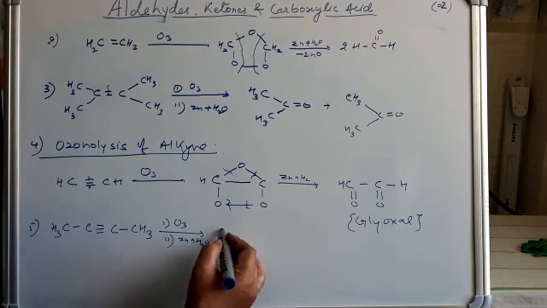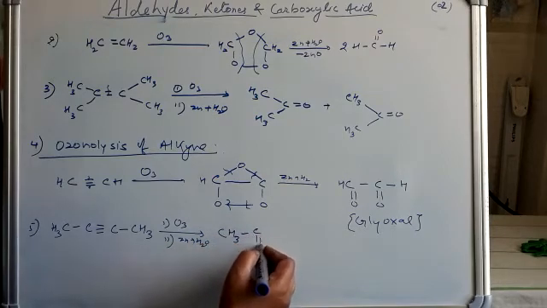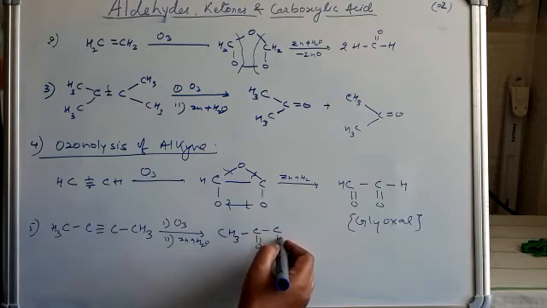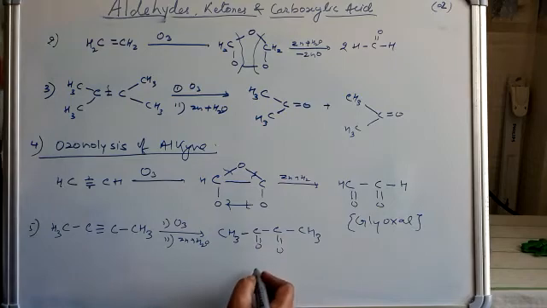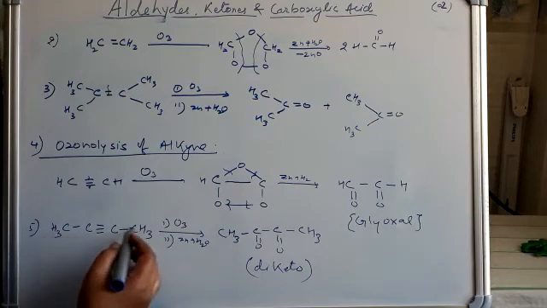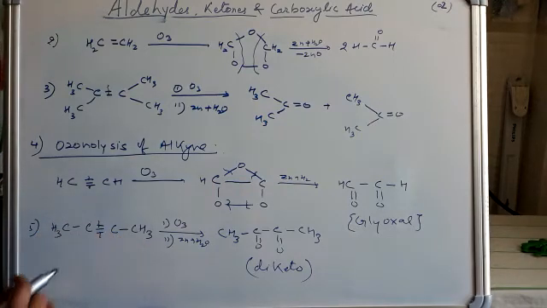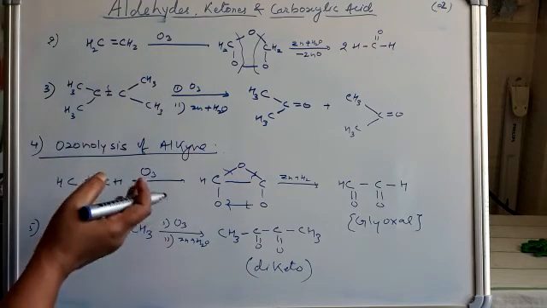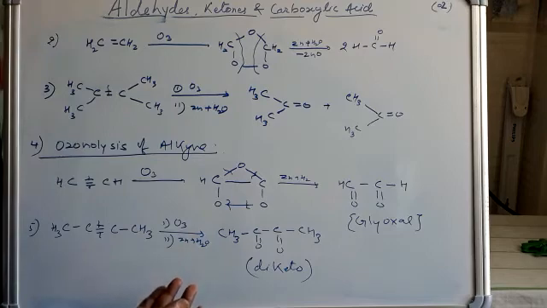See here the formation of this compound. It is known as a diketo compound. The diketo compound is formed when this alkyne undergoes ozonolysis. From alkene and alkyne, we can easily convert to aldehyde.